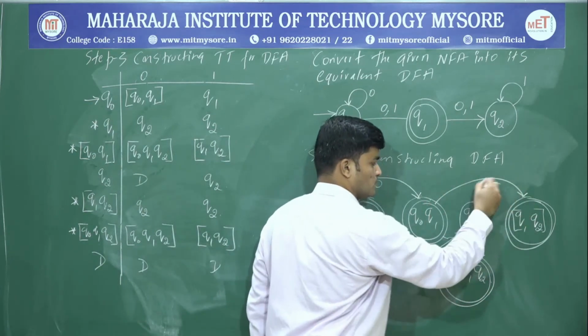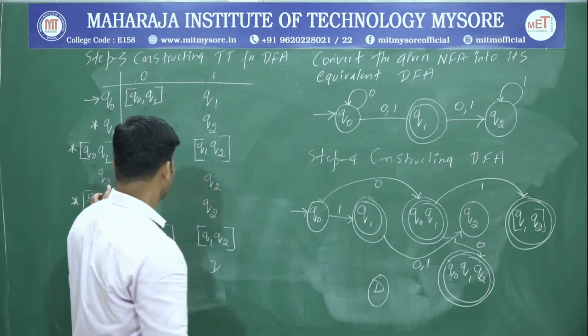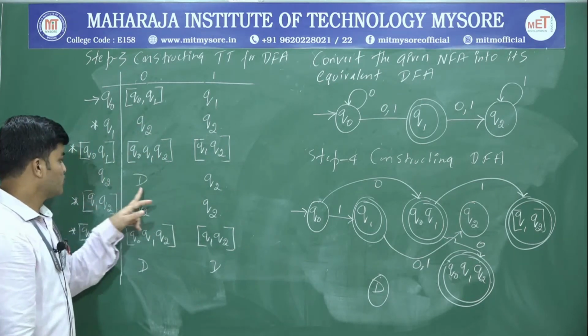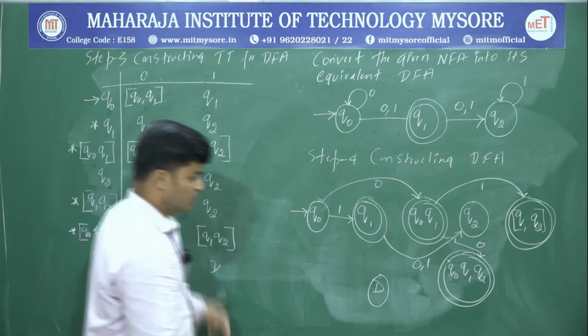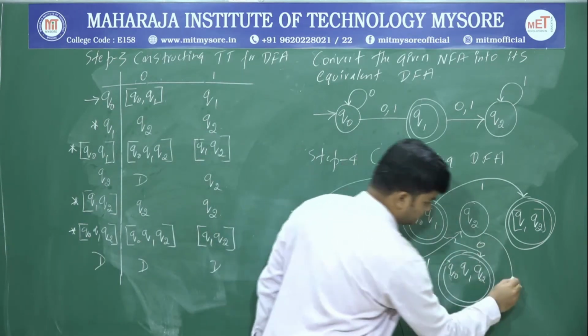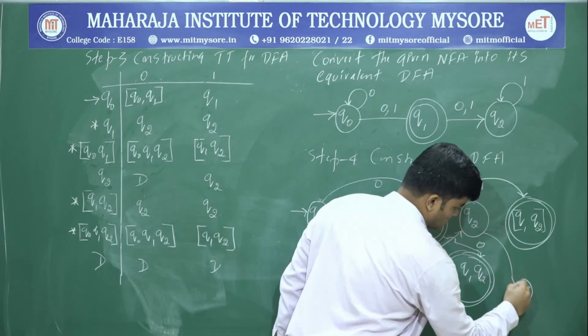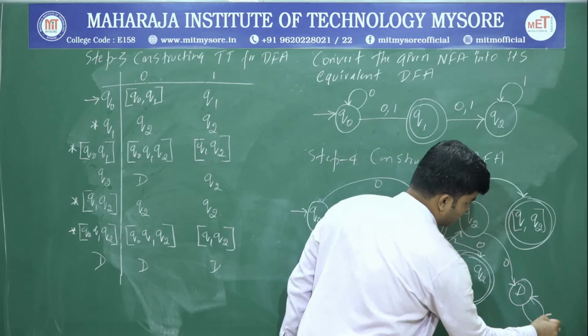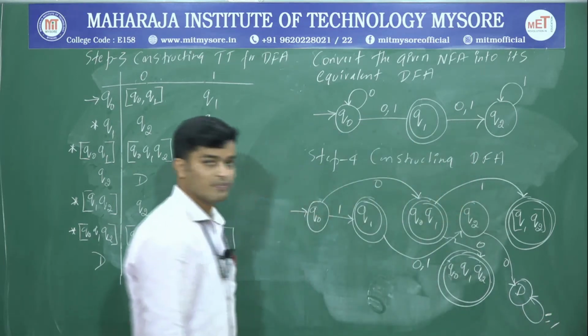Q1, Q2. Okay. So now go with Q2. Q2 upon 0 is the dead state. So better I write the dead state here. Once you reach the dead state, you will remain within the dead state.